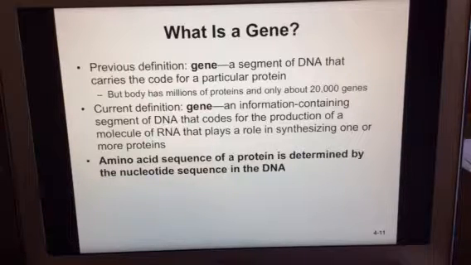This current definition is much more difficult. It's a little bit longer, but it basically is saying that DNA has the instructions for making RNA, and that RNA helps to make a protein, which is really essentially saying the same thing, just with more words. When we get to protein synthesis, that will make more sense. There are 2 steps.